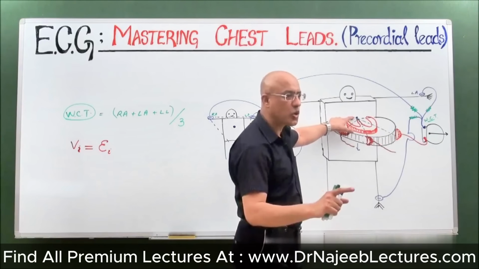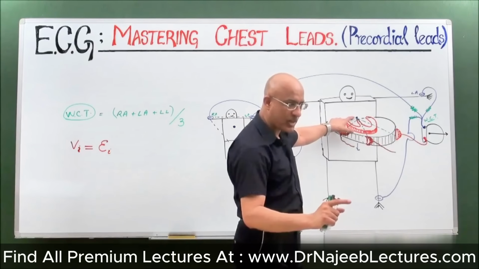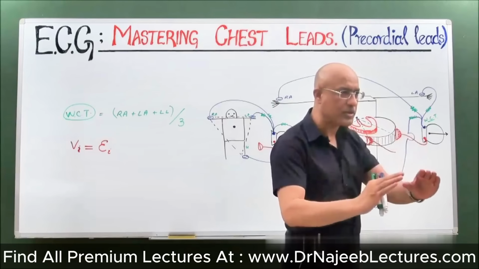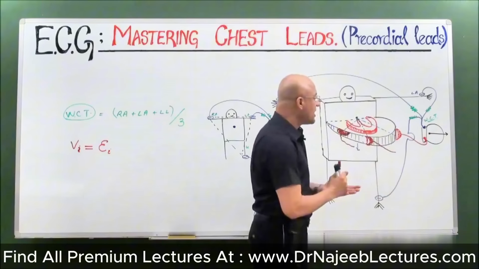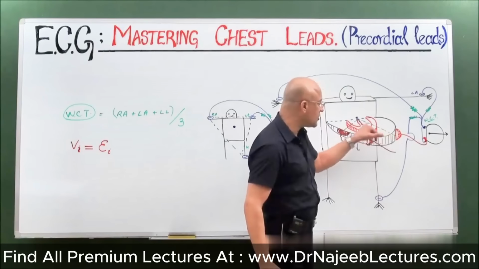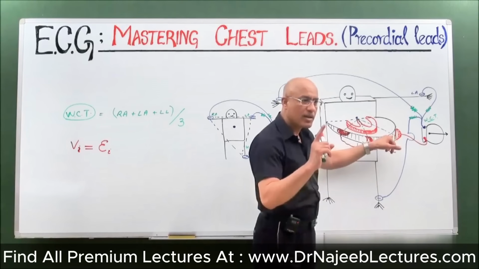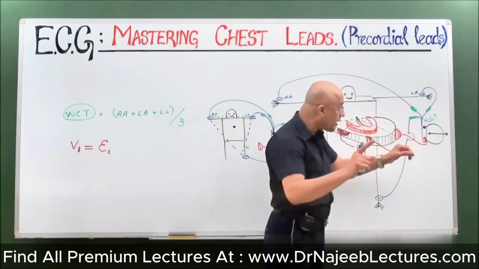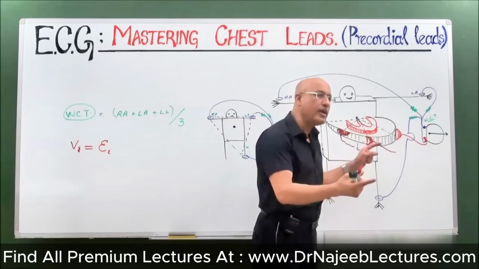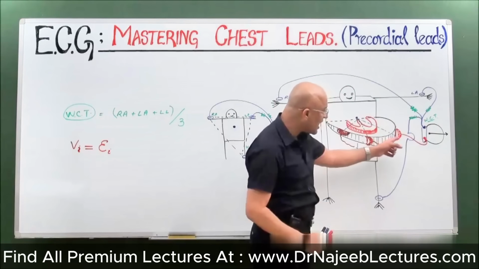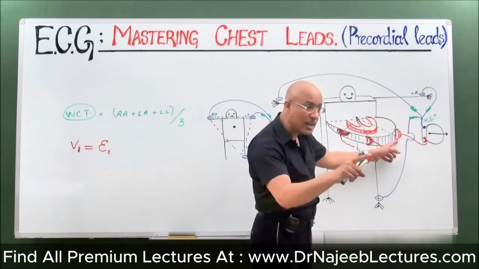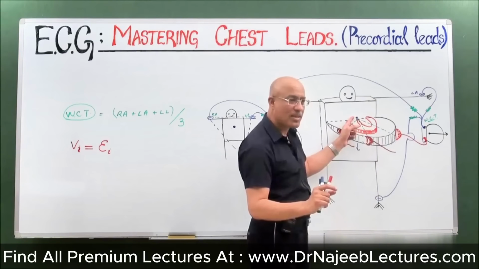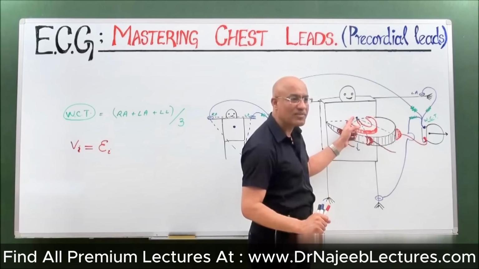So you say it is recording the potential of the exploring electrode. You are accurate, but let me make you more accurate. Actually, this chest lead is graphically recording the potential difference between the potential determined by the exploring electrode and the virtual electrode.